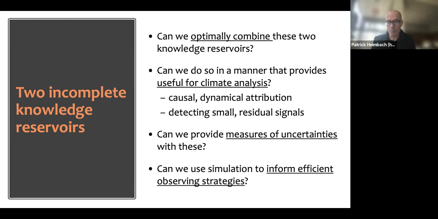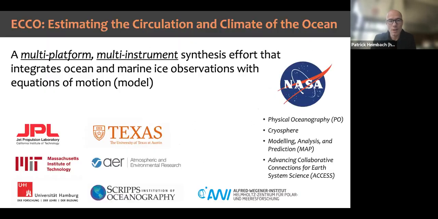And can we provide measures of uncertainties with the estimates that we are seeking? And finally, can we use simulation, which is of course one thing that I'm heavily involved with, to inform efficient observing system strategies?